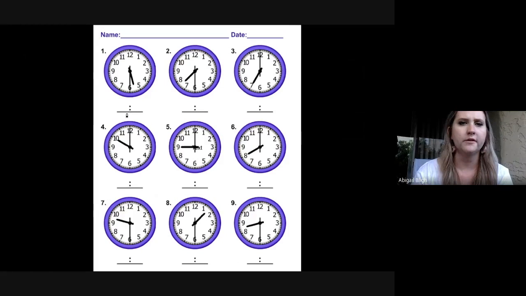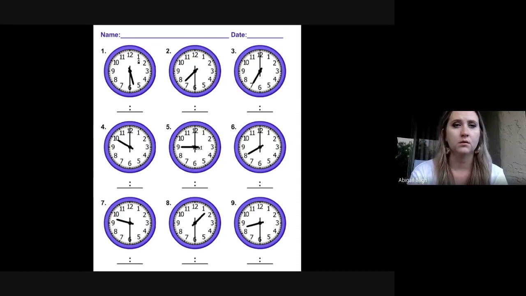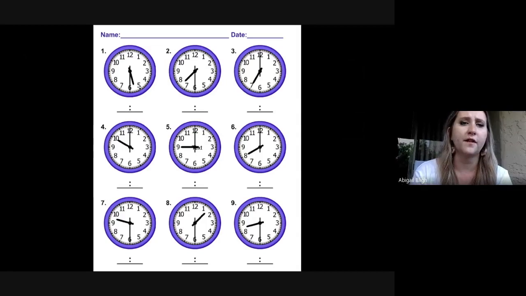This problem right here, the first thing I look at is where is the shorthand. The shorthand is right here. It is between the 5 and the 6. It is not yet to the 6, so I'm going to scoop up to 5. So I know it's 5.